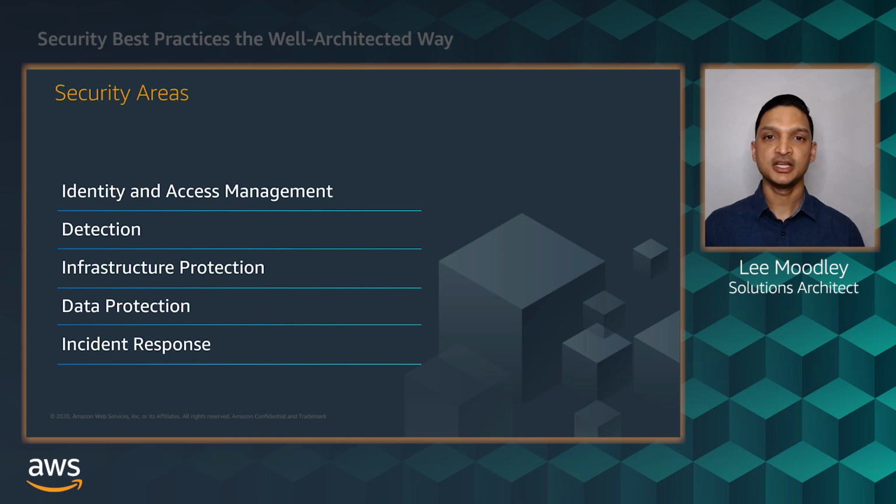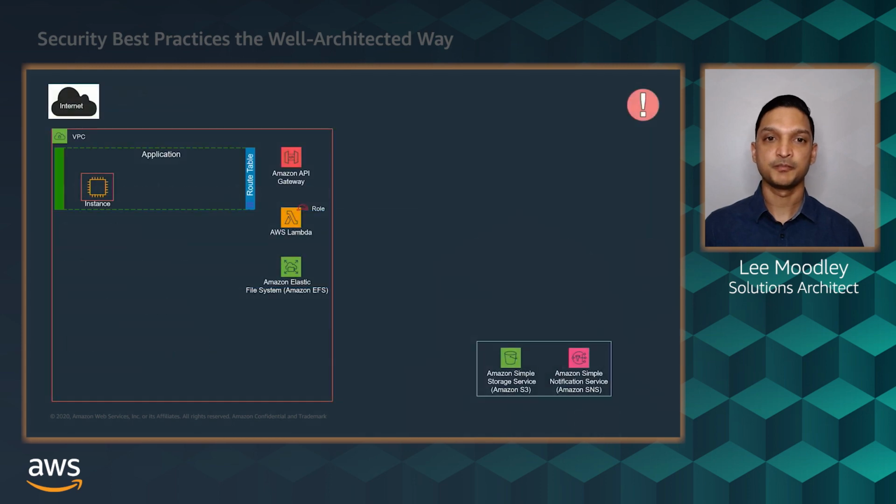Data protection by way of data classification for sensitivity levels of data, or encrypting your data, making it unreadable to unauthorized users. And lastly, incident response, to respond to and mitigate the potential impact of security incidents on your environment. Security is a shared responsibility between AWS and yourself.